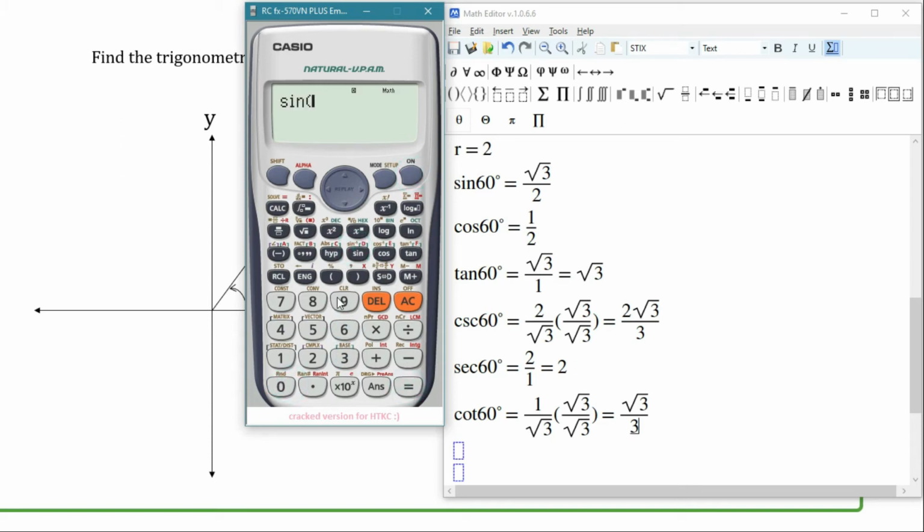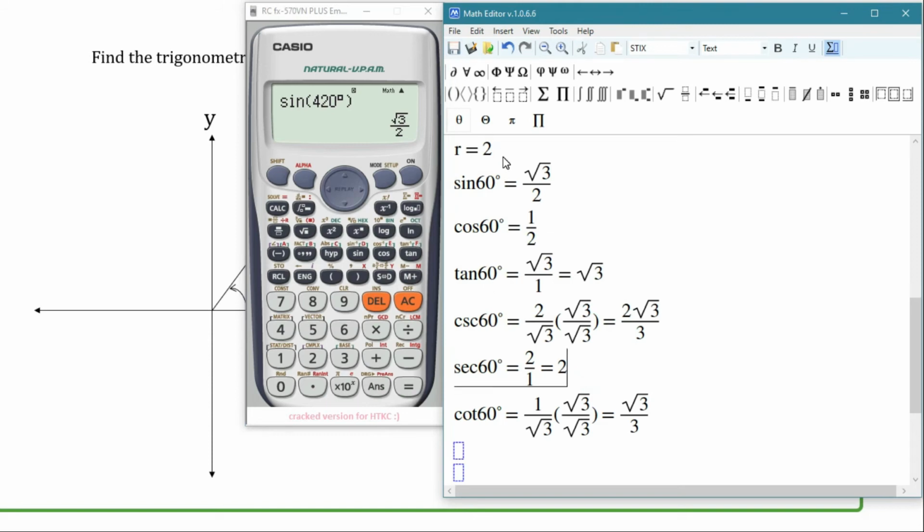Let us try to find the sine function of 420 degrees. That will still be square root of 3 over 2. So again, angles coterminous with 60 degrees will have the same trigonometric function values as that of the 60-degree angle. Okay?